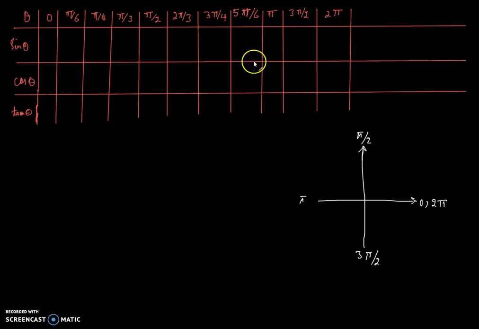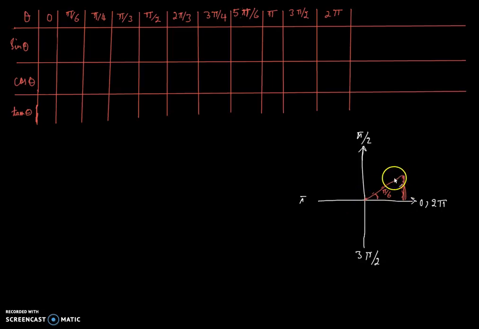For example, in the case of pi by 6, the angle over here is 30 degrees. So if you have pi by 6 over here, then sine pi by 6 would be this length, this y, divided by r.